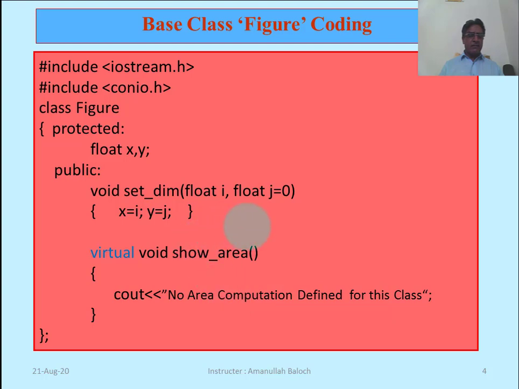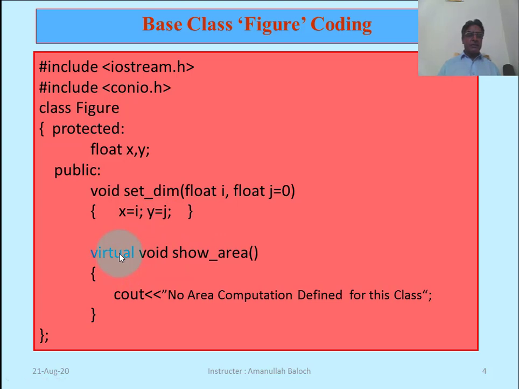We will see this showArea function in different derived classes, where each derived class will have its own functionality, that is, its own way of area calculation, because different figures have different formulas for calculating area. So this is our base class with two member data items and two functions, setDim and void showArea, which is virtual.